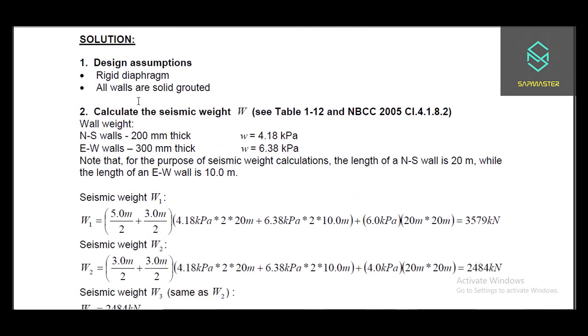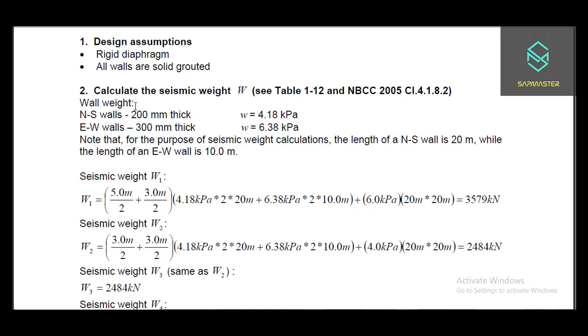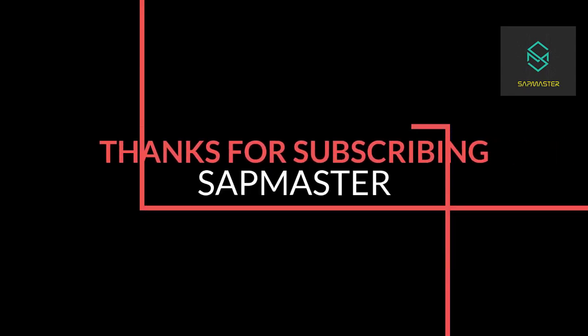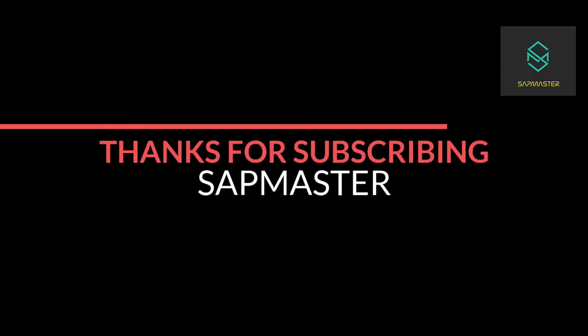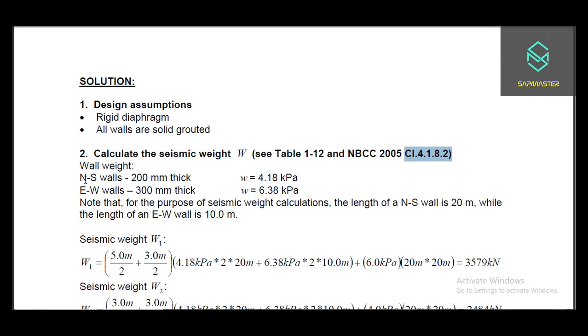So we're going to start with calculating the seismic weight, which we are going to call W. North-south walls are 200 millimeter thick, which will give us a W of 4.18 kilopascal for them, and east-west walls have 300 millimeter thickness.